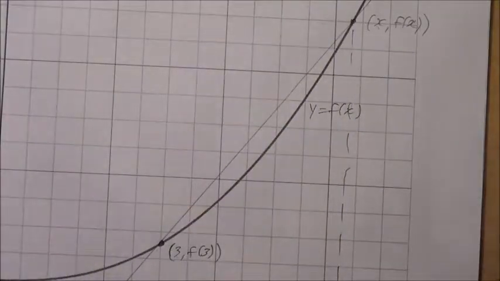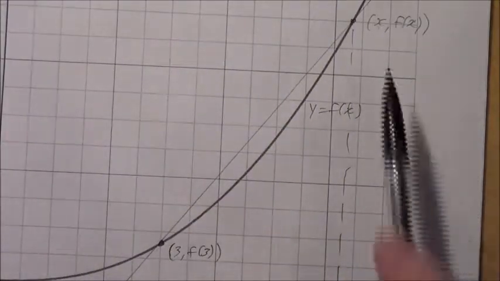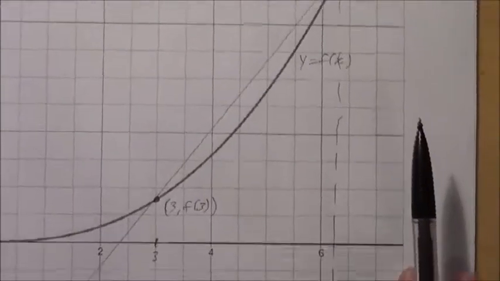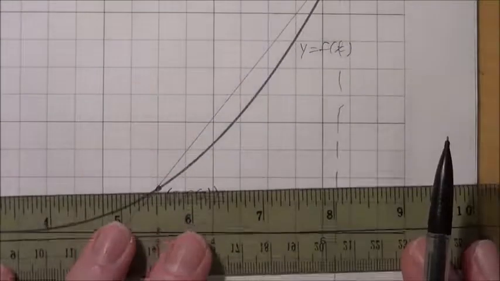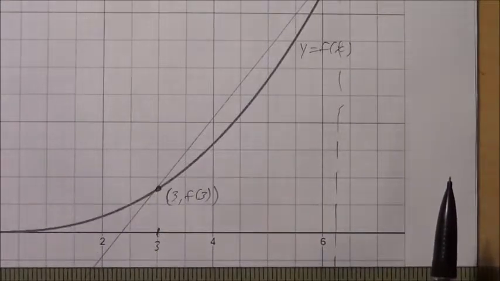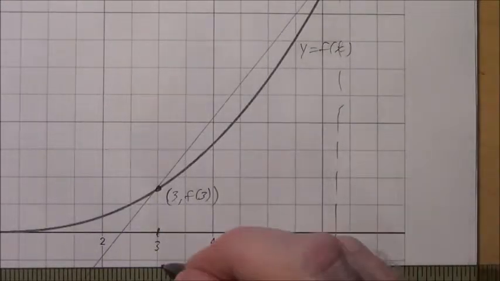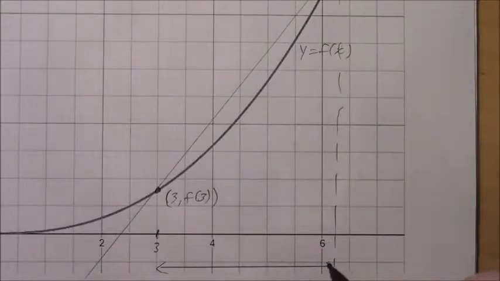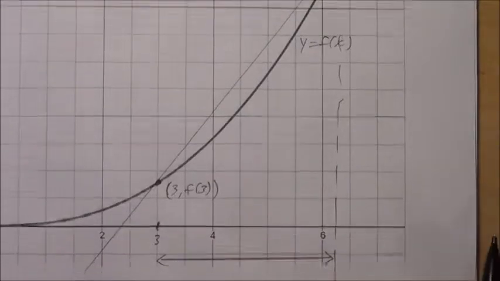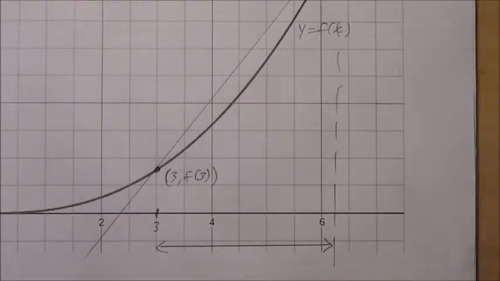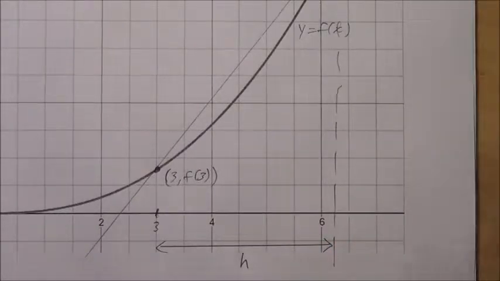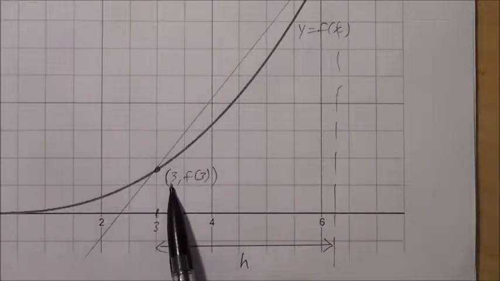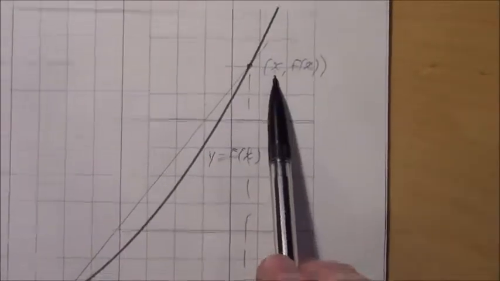So that x value is some horizontal distance away from the x value of 3. So from here to here is some horizontal distance. Let's just call it h, for the horizontal distance between x equals 3 and this value of x.